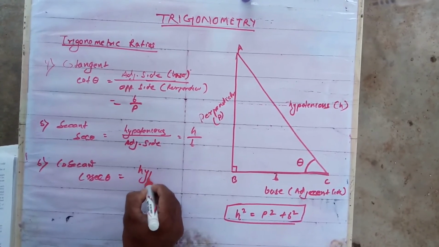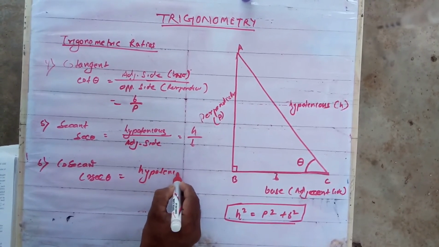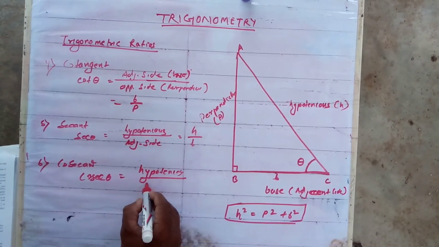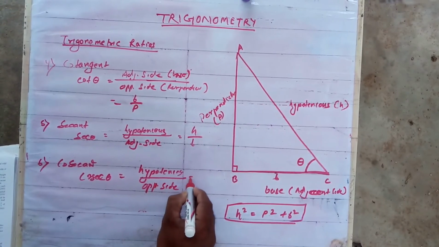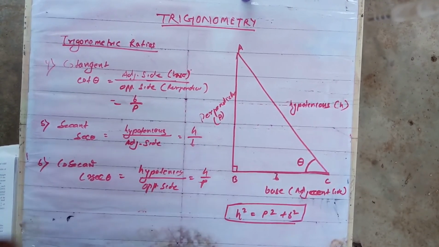That is hypotenuse divided by opposite side or perpendicular, that is H by P.